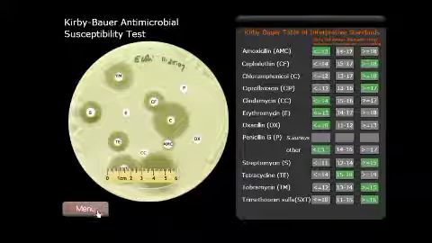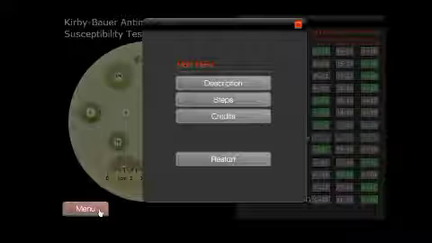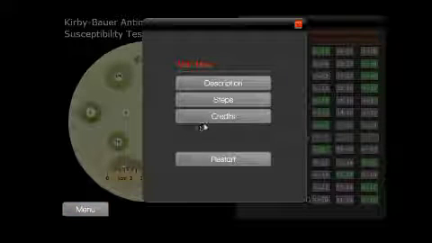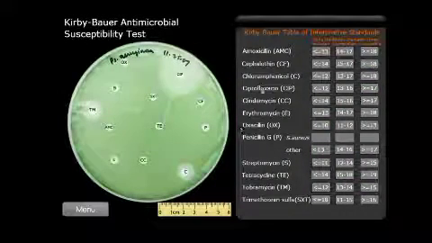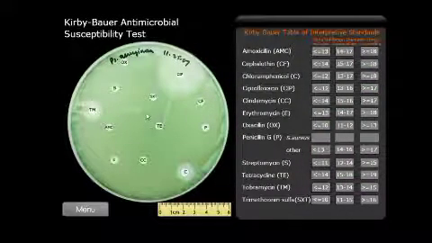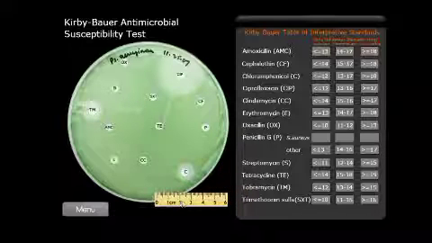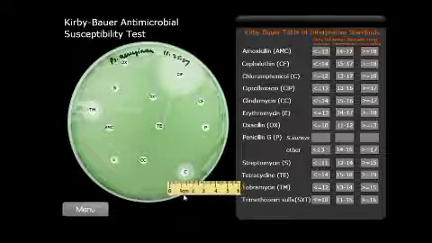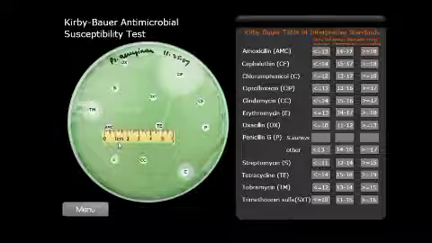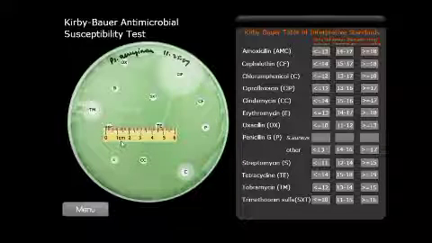Next bacteria, which is Pseudomonas aeruginosa. I will measure it using this ruler too. The first antibiotic that I will measure is AMC, 7, which is resistant.